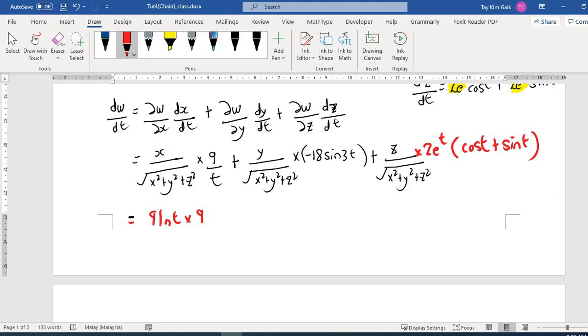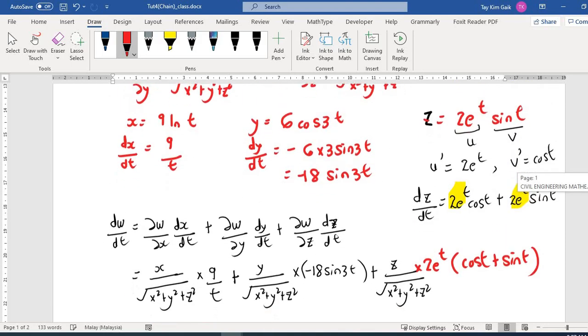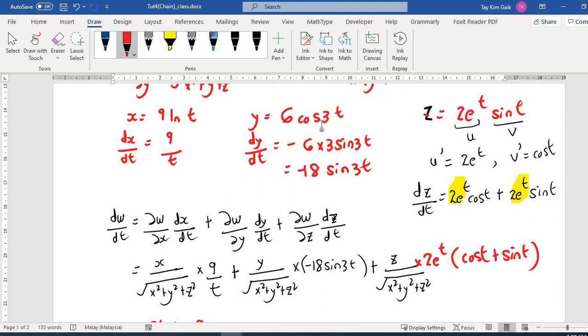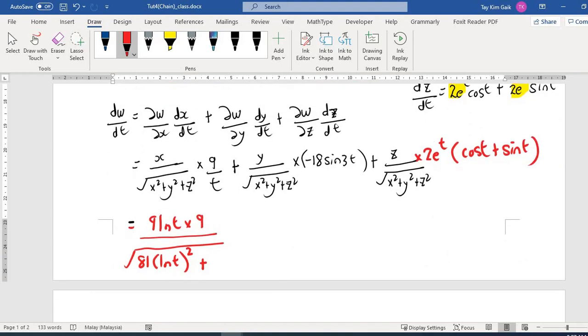x squared plus y squared plus z squared, and then put in x squared, which will be 9 ln t squared, so 81 (ln t) squared. y is 6 cos 3t, so square it, 36 cos squared 3t.